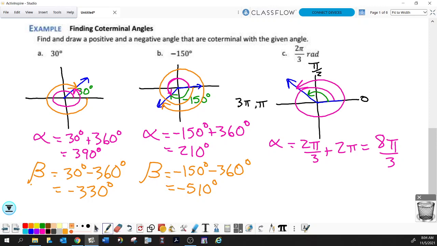I've seen a lot of blank looks. Are we comfortable with why pi and 3 pi are coterminal? Because it's pi plus 2 pi. I said that this negative x-axis, if you want to think about it that way, that's pi radians. It's also 3 pi radians, 5 pi radians, 7 pi radians. See, I'm just adding 2 pi each time.